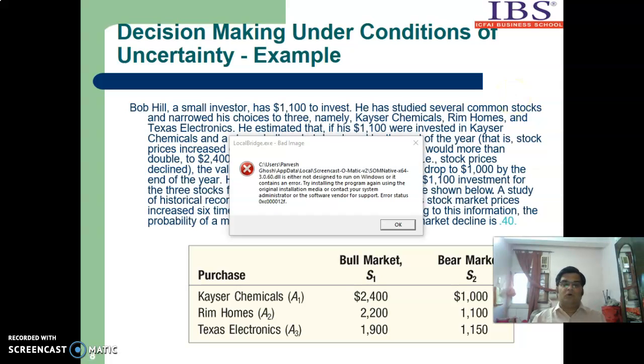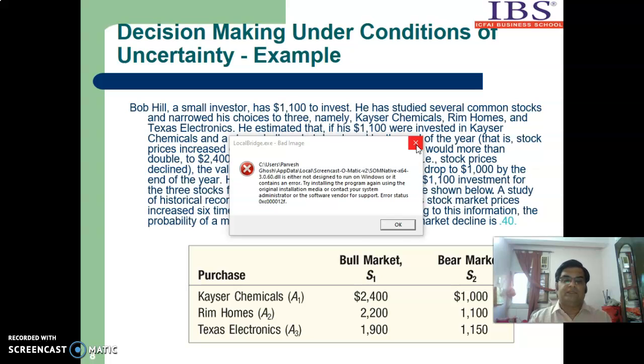If the purchaser buys Ream Homes, then in case of bullish market he will get a return of $2,200, and in case of bearish market $1,100.